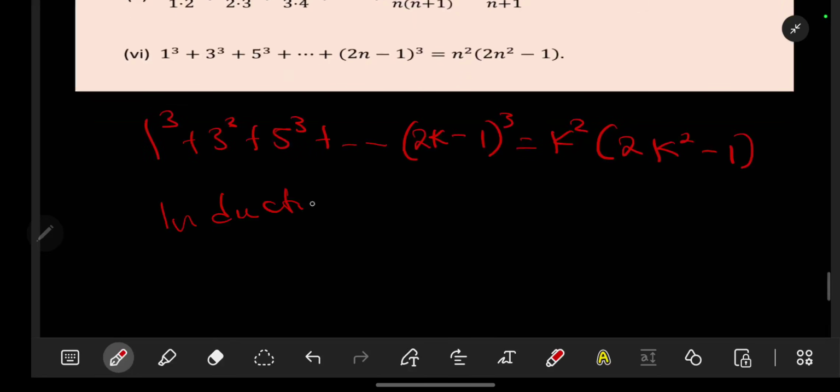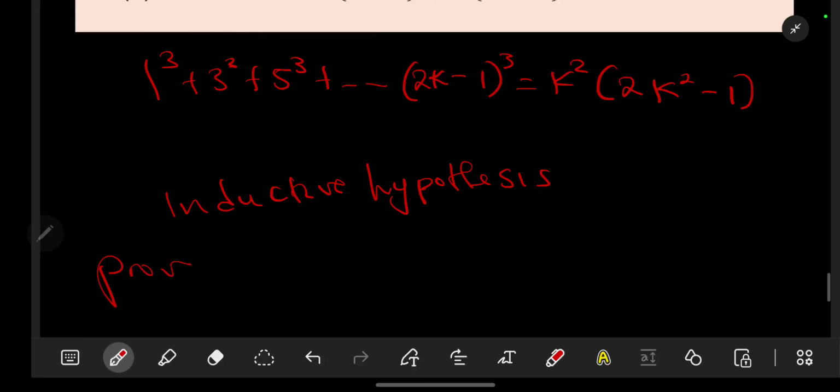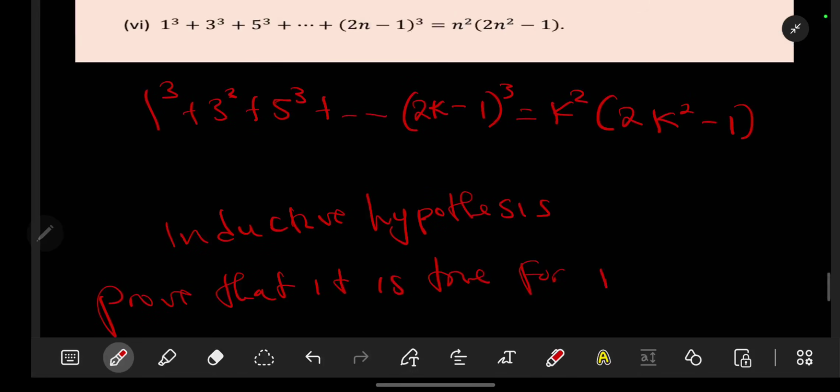Inductive. Finally, when you reach there, we are going to say inductive hypothesis. We are going to prove that it is true for n is equal to k plus 1.